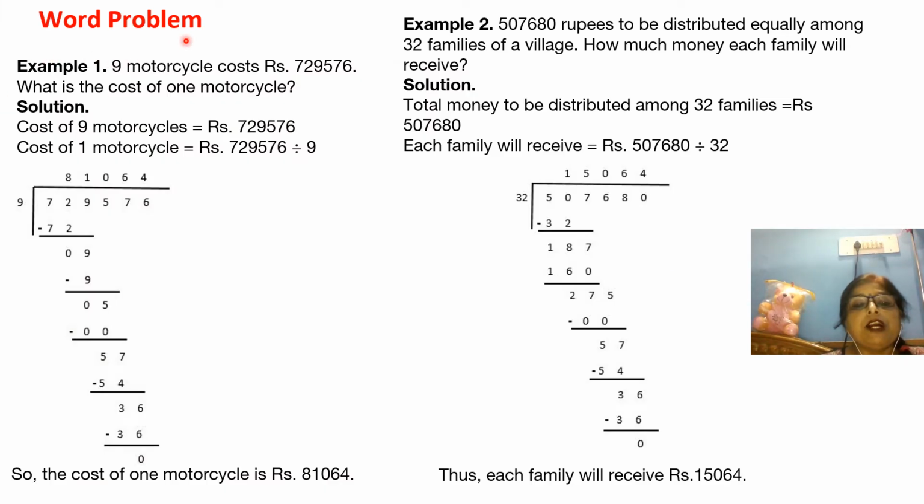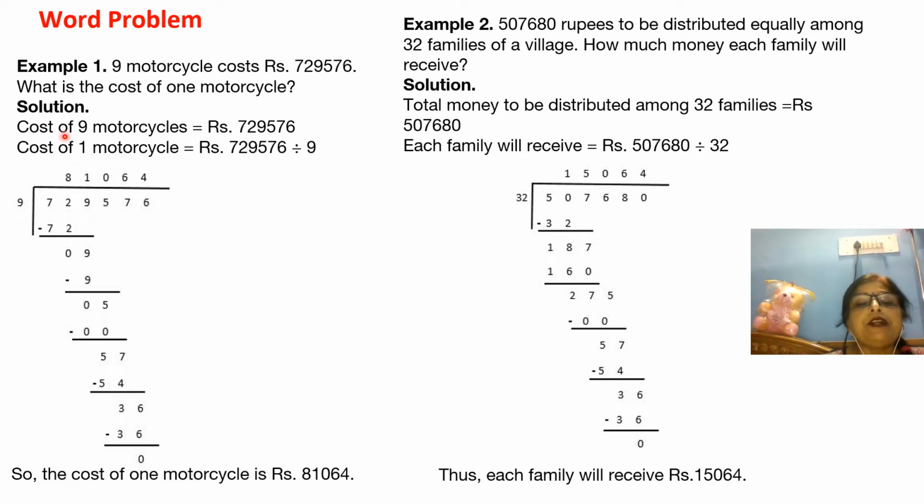Next is word problems. Examples are given here, and I am going to explain them. First one: 9 motorcycles cost rupees 7,29,576. What is the cost of one motorcycle? You have to find the cost of one motorcycle, so it will be done with the help of division.